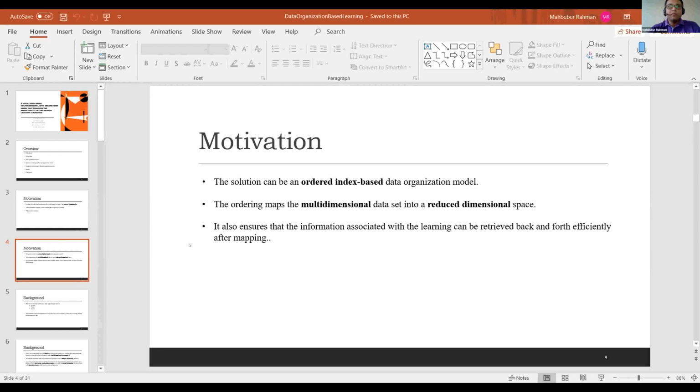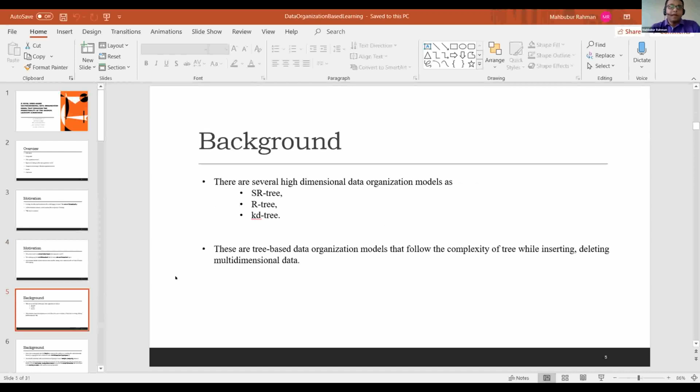This ordering maps the multidimensional data set into a reduced dimensional space. It also ensures that the information associated with the learning can be retrieved back and forth efficiently after mapping. Otherwise, the information might be lost and the learning can be hampered. So this is the motivation of this research.